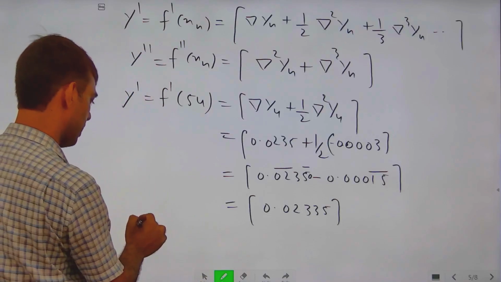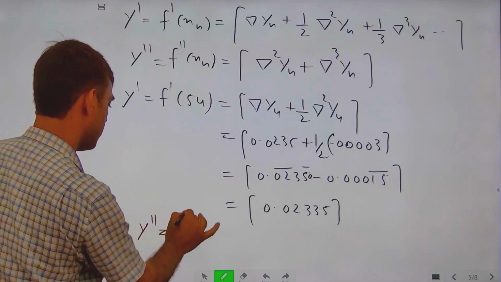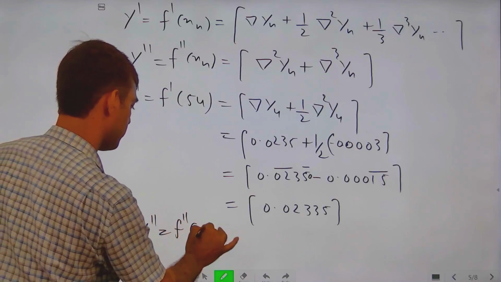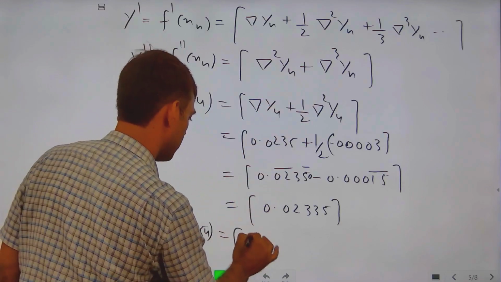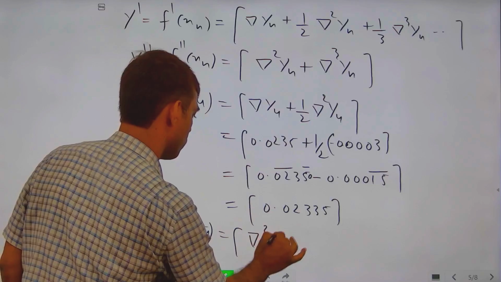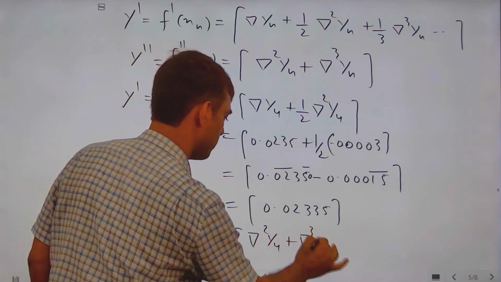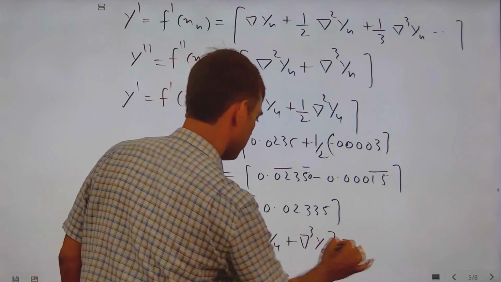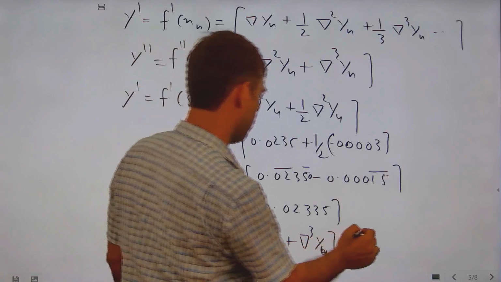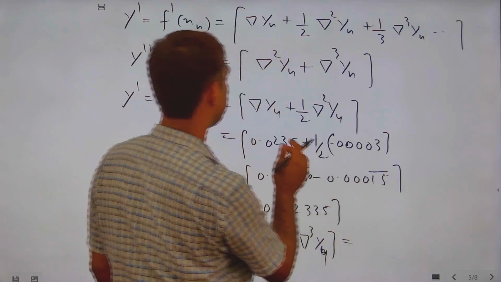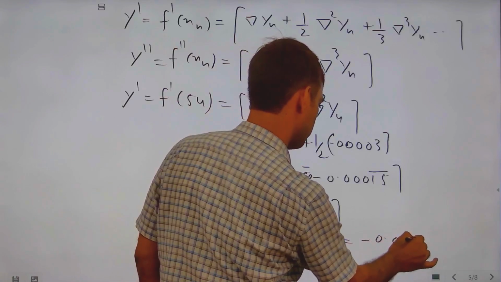And what is the f double dash? Similarly, y double dash, f double dash 54, equals del 2 yn, meaning del 2 y4 plus del 3 y4. Del 3 y4 is 0, and del 2 y4 is minus 0.0003.